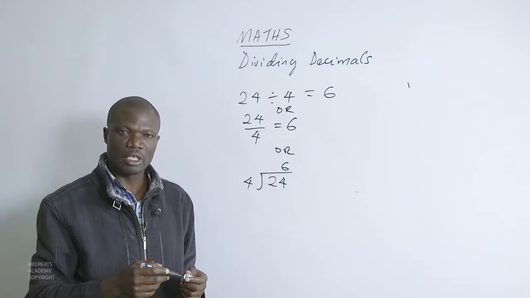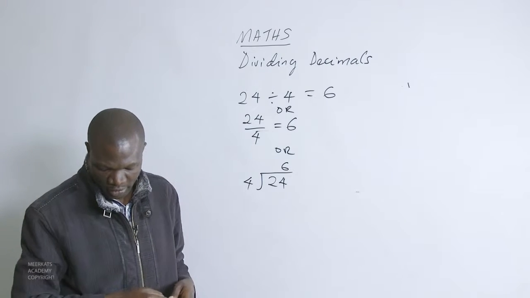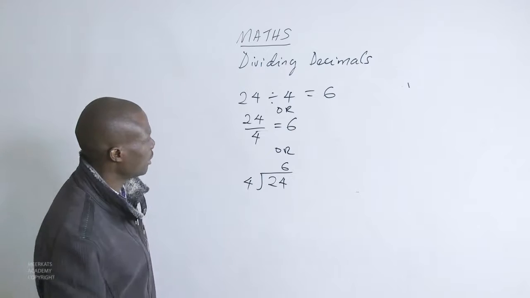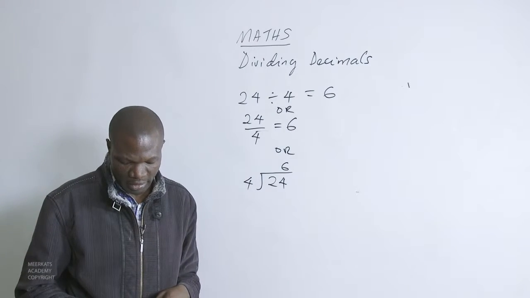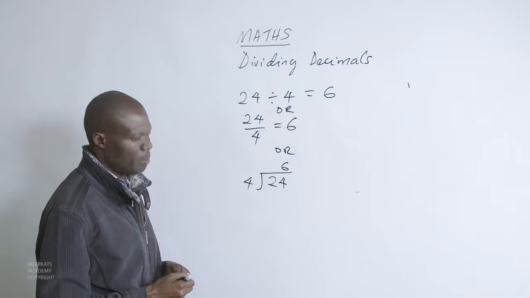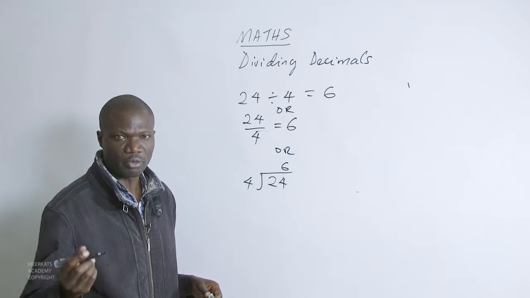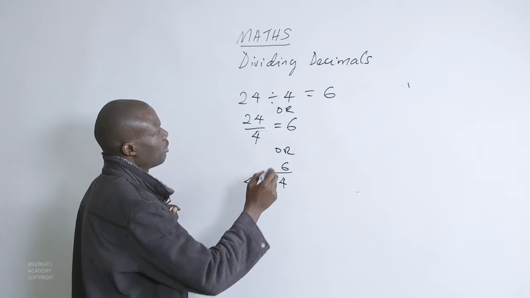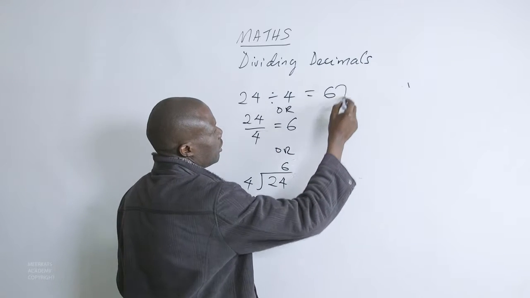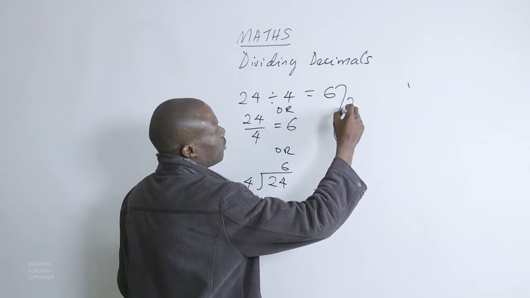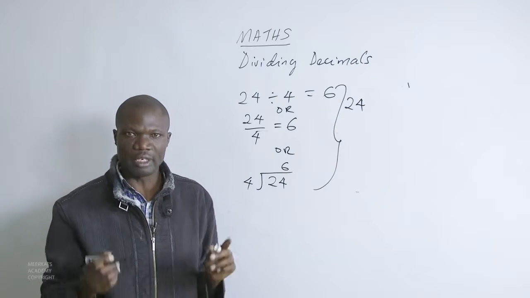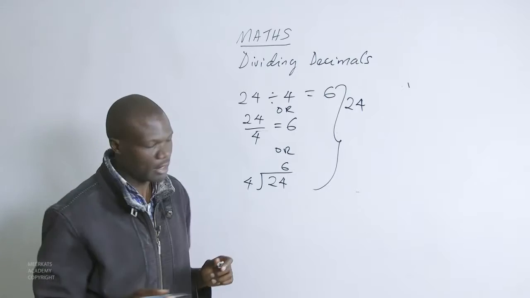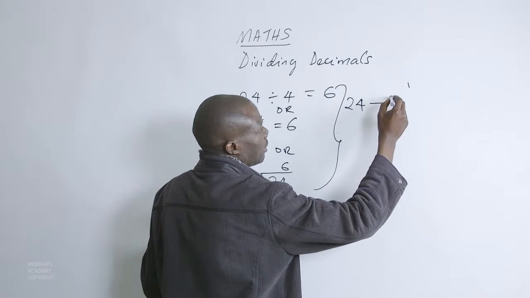So what are we trying to say here? I want you to notice the following: when you are dividing numbers here, the number 24 is what we call the dividend.